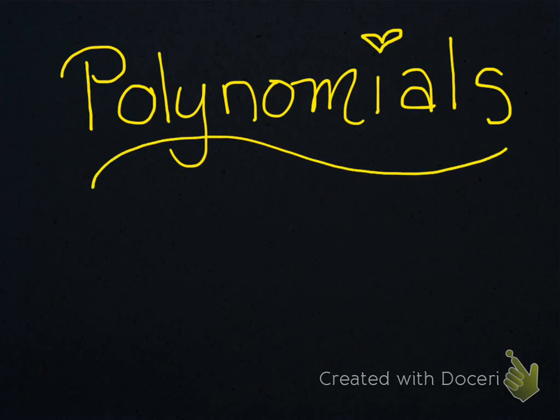And I just want to take a look at the word polynomial and just break it down for you so you know what's the basic deal with this word. Well, from the Latin origin poly, meaning many.